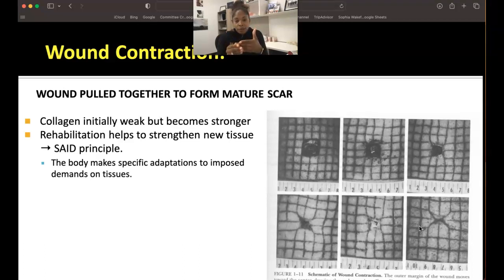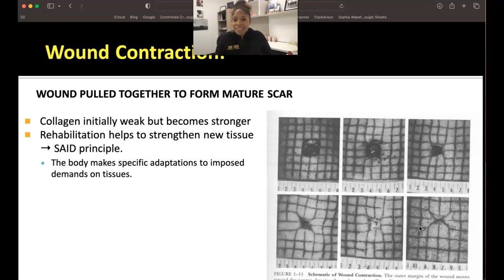And so we have to be careful in the earlier phases of the proliferation phase to not stress that joint or that injured tissue too much, because the collagen just isn't like the original tissue to begin with, right? The scary part about the proliferation phase, however, is because a lot of those cardinal signs and symptoms are starting to decline, the patient gets more function, and so they start to feel better and they want to do more, right?